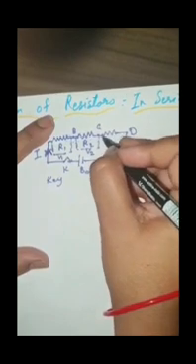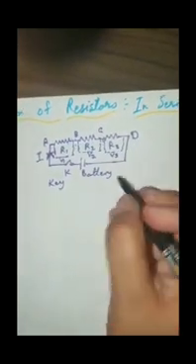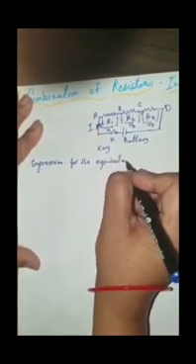The potential difference between C and D is denoted by V3. Now coming to the expression for the equivalent resistance.